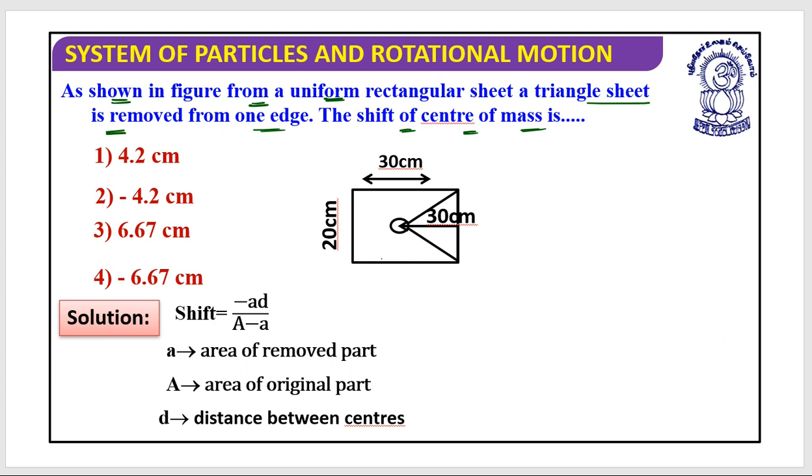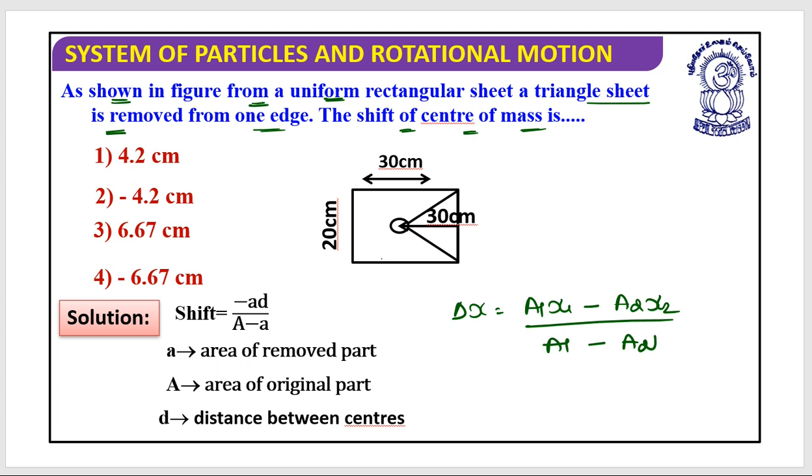So how will you do this? What is to be done? What I understand is that when they remove a certain part, delta x should be equal to a1 x1 minus a2 x2 upon a1 minus a2. That is what I have written over here.